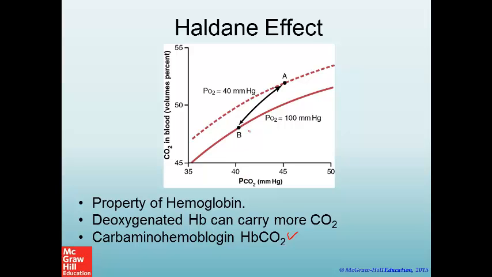So as your PCO2 goes up, right, this is going to release O2, the hemoglobin will, and pick up CO2. And as the PCO2 goes down, hemoglobin that has released oxygen can now bind CO2.